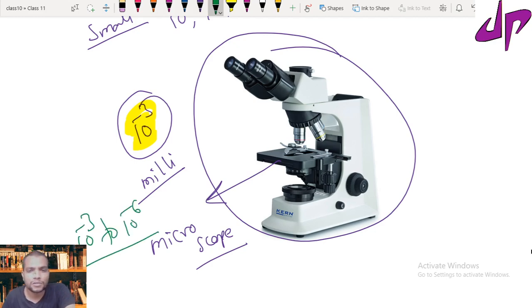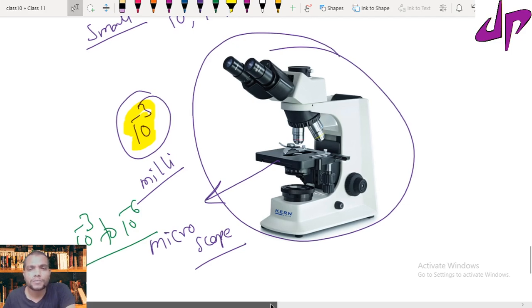Within that range we can use this microscope. The microscope does not come under measuring methods, but it is an instrument.